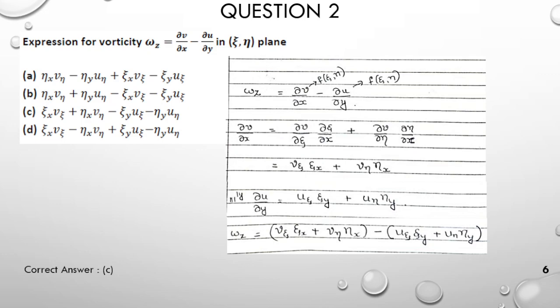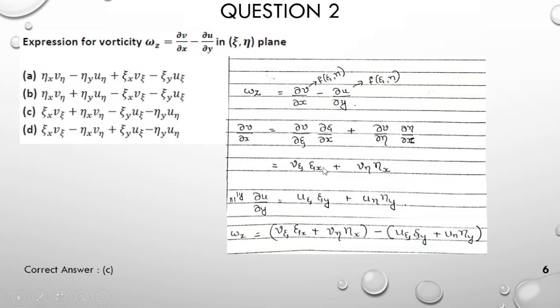It can be done, but it is a quite mathematically rigorous exercise. If you convert this into computational space, it becomes very easy, because we have dou v by dou zeta and dou u by dou zeta, which we can evaluate easily using our central difference scheme or whatever we want, and then we have this zeta x, which we can convert into x zeta or eta y, whatever is there, using the Jacobian transformation.